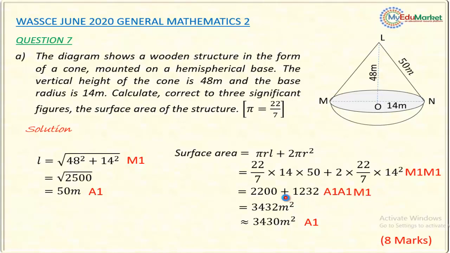Then finally, for getting 3430 meters square, you have the accuracy mark, that is the surface area of the structure in the approximation given. If I stop here, I will not have this final A1 mark, because I have to approximate this answer to 3 significant figures to get 3430 meters square. So the total mark awarded to this question is 8 marks according to the official WAEC marking scheme.